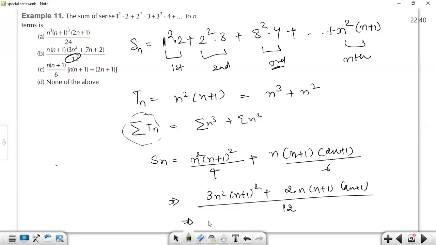You can take n into n plus 1 common. That leaves 3n into n plus 1 plus 2 into 2n plus 1, divided by 12.